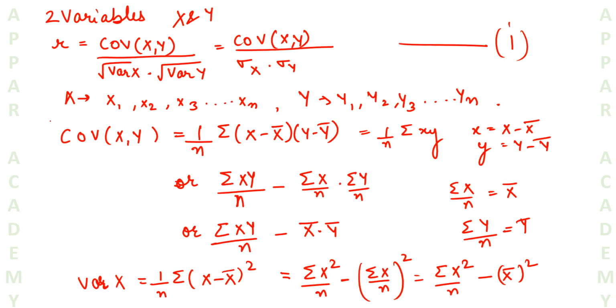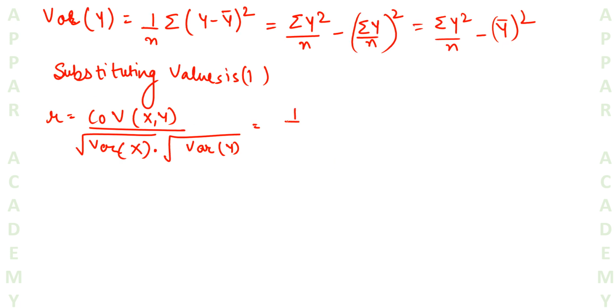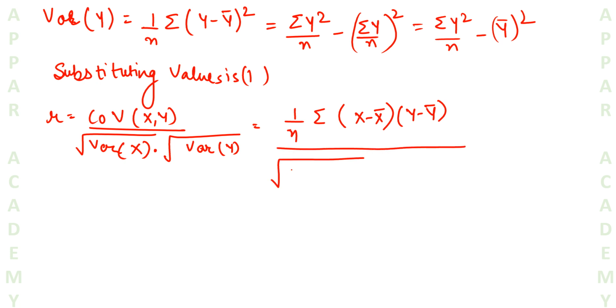Now let's see. So covariance, let's first of all, we will consider this formula. So let's just write it down. This is equal to 1 upon n summation x minus x bar into y minus y bar upon square root of 1 upon n summation x minus x bar square into 1 upon n summation y minus y bar square, right? So this is 1.